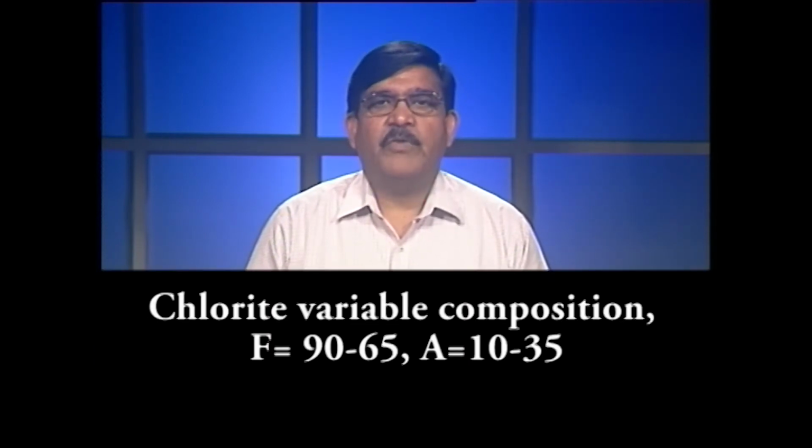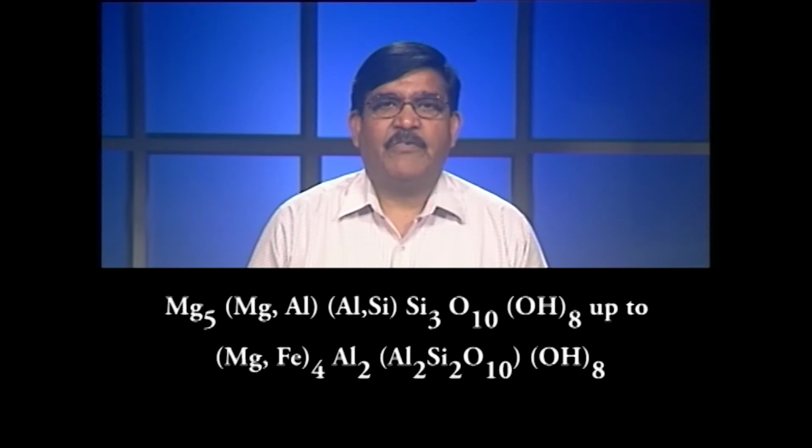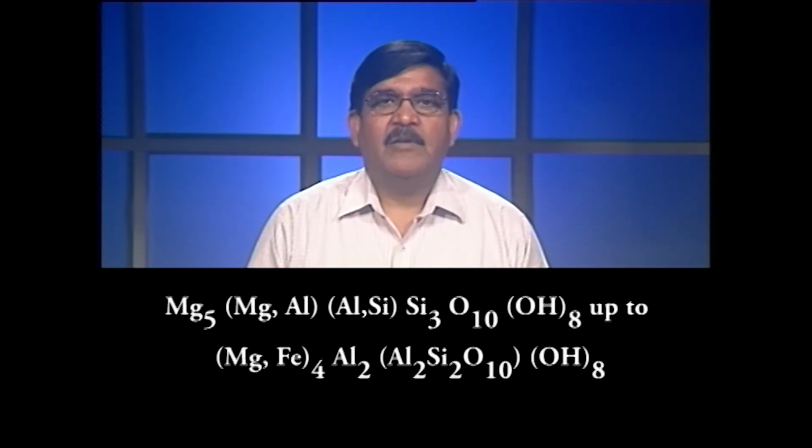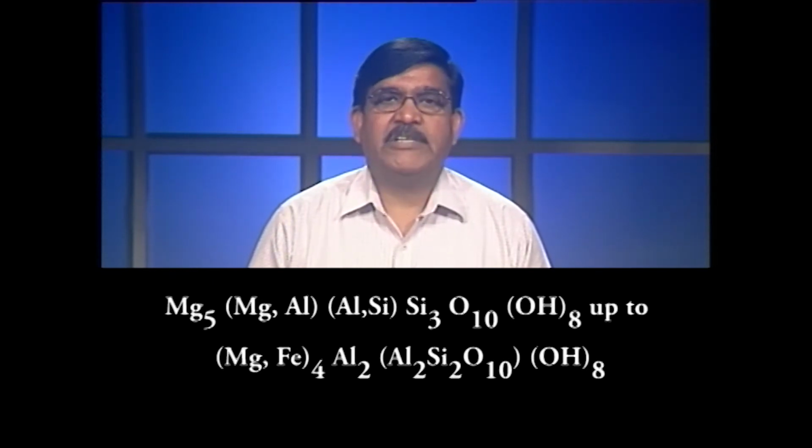Chlorite always shows variable composition. The value of F varies from 90 to 65% and A equals 10 to 35%. The chemical formula is Mg5(Mg,Al)(Al,Si)Si3O10(OH)8 up to (Mg,Fe)4Al2(Al2Si2O10)(OH)8.